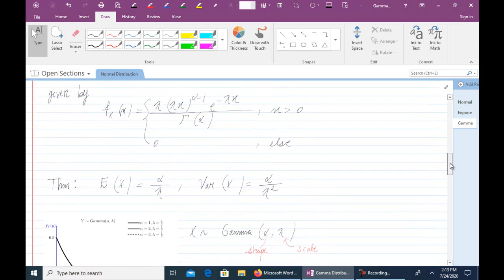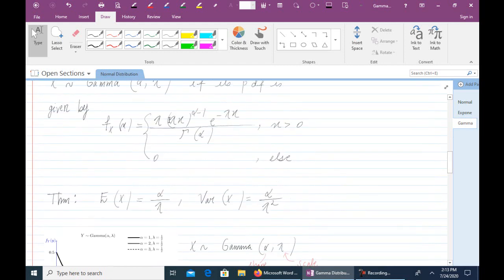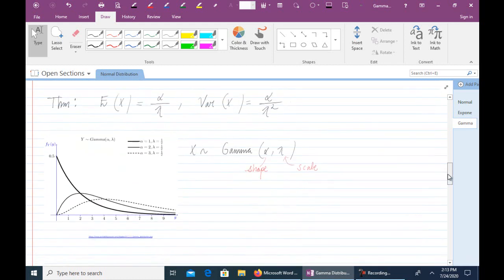When alpha is 1, you pretty much get the exponential distribution here, and when alpha is 2 or 3, you get these other two graphs for the PDF function.